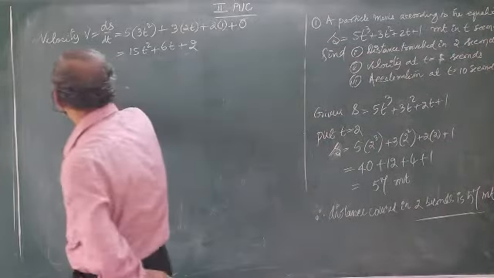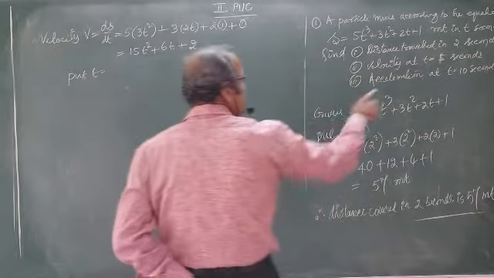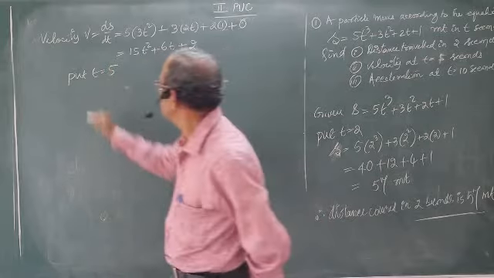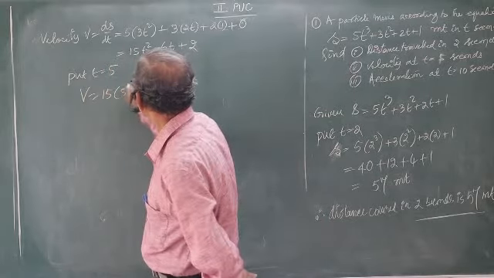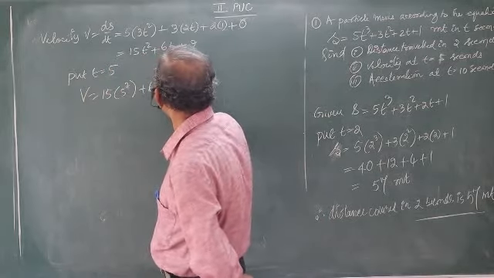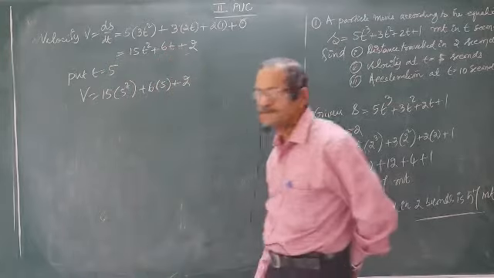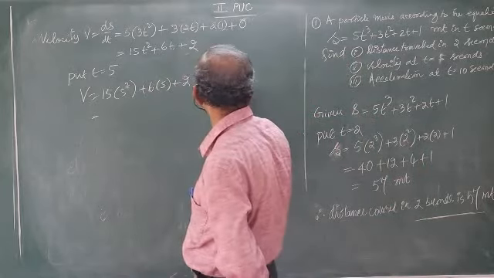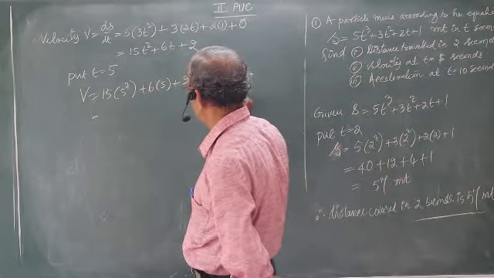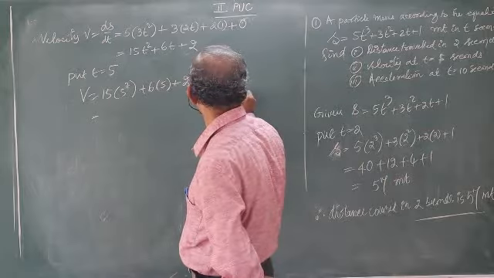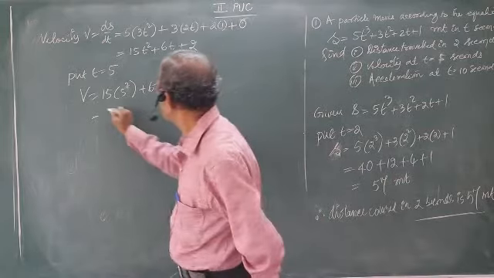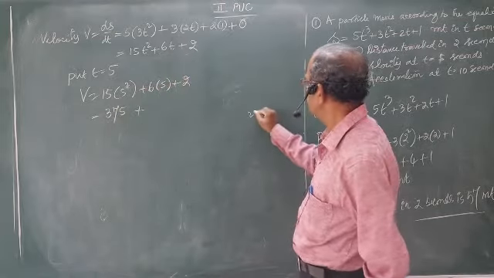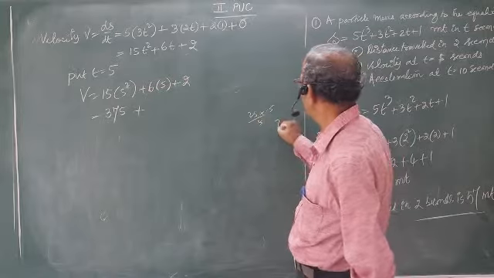Now, the velocity required is at t equal to 5 seconds. What you get? V equal to 15 into 5 square minus 6 into 5 plus 2. 25 into 15, 125, 375, correct no? 375. Let me verify it.